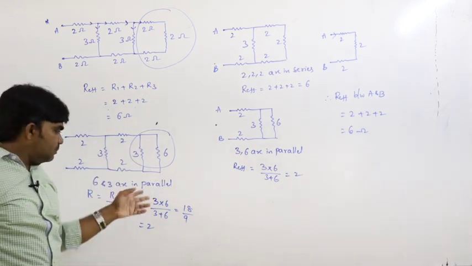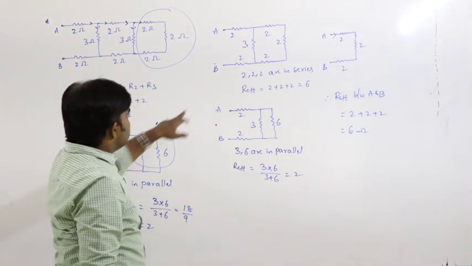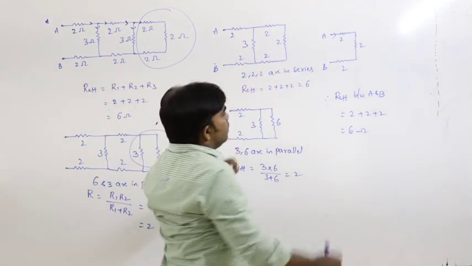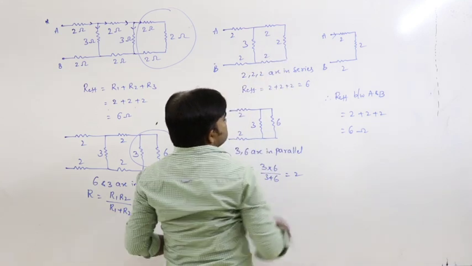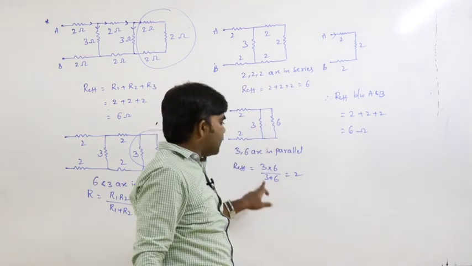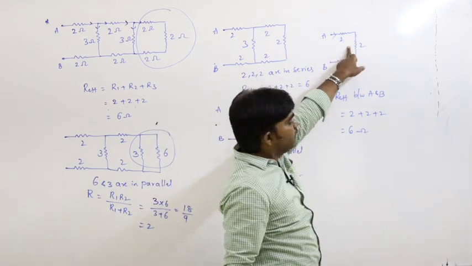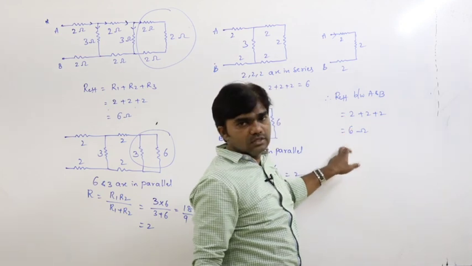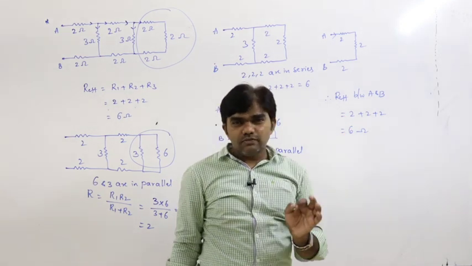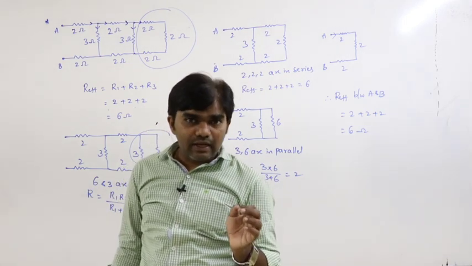If 3 and 6 are in parallel, effective resistance is 2. Again in place of this it is 2. Again 2, 2, 2 are in series, 6. Again 6 and 3 are in parallel. Again instead of 3 and 6, it is replaced with 2. Effective is 6 ohms.